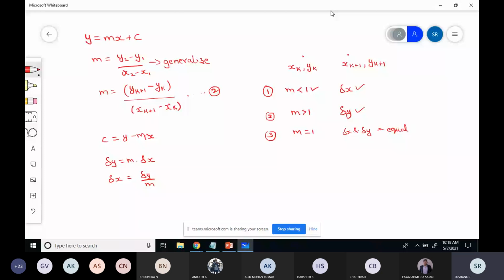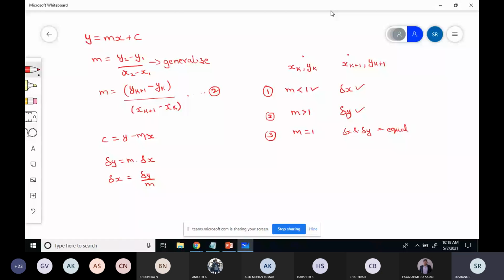If m is less than 1, set delta x such that it is proportional to delta y.